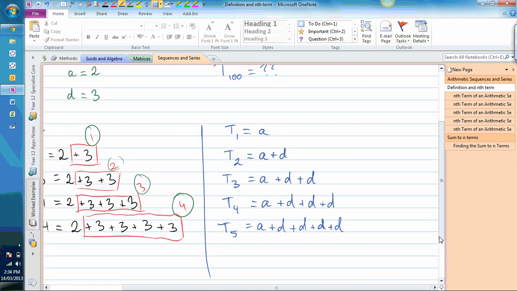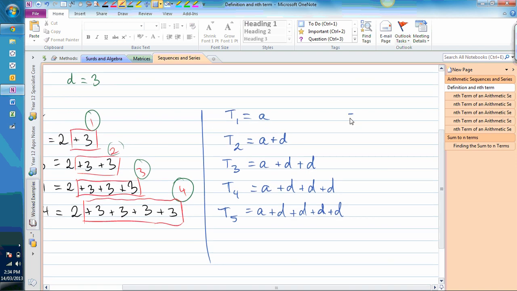Now, if we have a look at this and we look at the patterns here, we've got some algebra. It's a good idea to tidy up this kind of algebra when we see it. The first two don't really tidy up, but the next one we can use our algebra laws to simplify. We've got two like terms here, d plus d, that's equal to 2d.